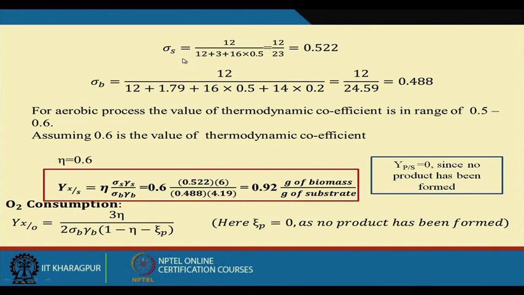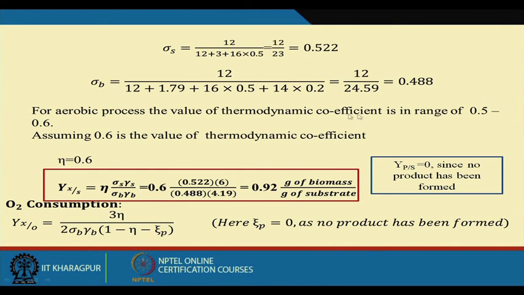Now similarly we can calculate sigma S and sigma B with respect to gram carbon: 12 divided by the molecular weight of the substrate and 12 divided by the molecular weight of the biomass. So this is 0.522 and this is 0.488.